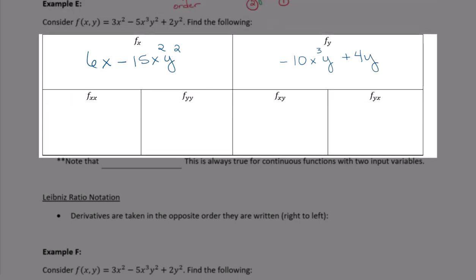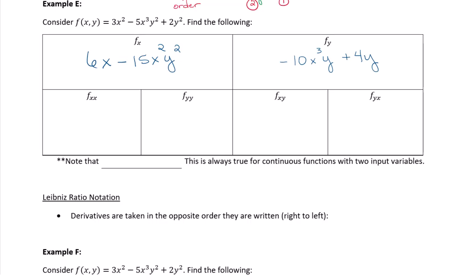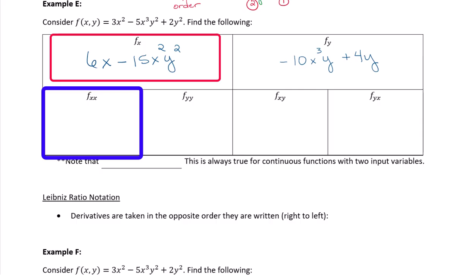So on the bottom, we're going to be taking the second order partial derivatives. So here on the left, we have f of x and x. So we're going to look at this first derivative on the left, and we're going to take the derivative again with respect to x.